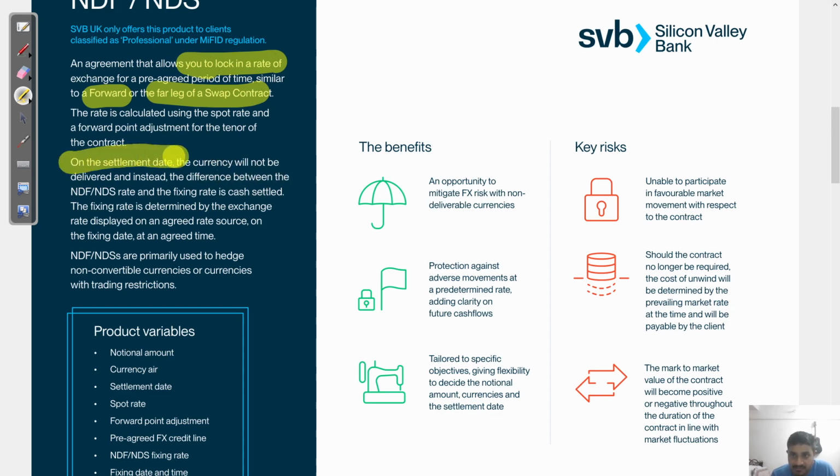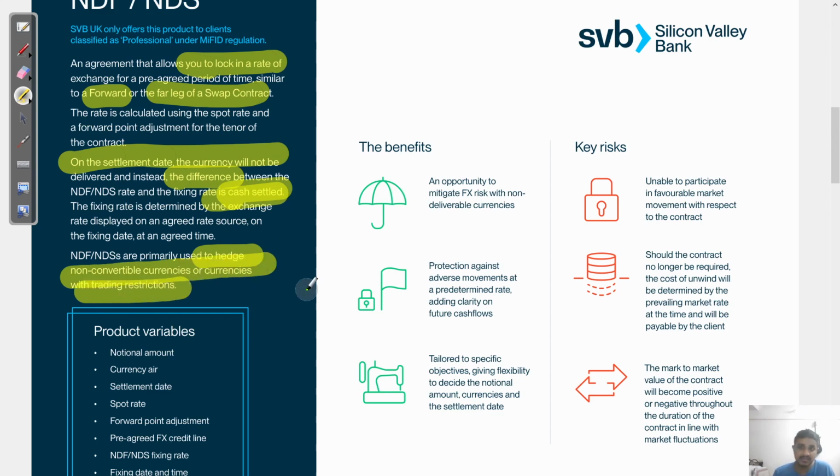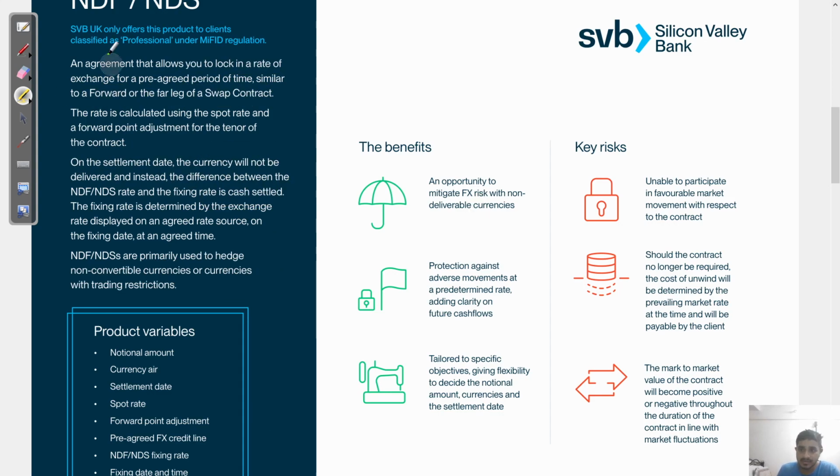And on the settlement date, the currency will not be delivered, and instead the difference between the NDF rate and the fixed rate is cash settled, right? It is usually used to hedge non-convertible currencies or currencies with trading restrictions. As I have said, countries with trading restrictions include developing nations, etc.